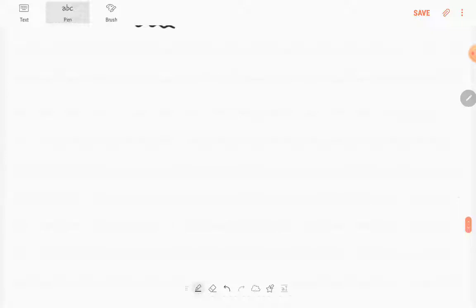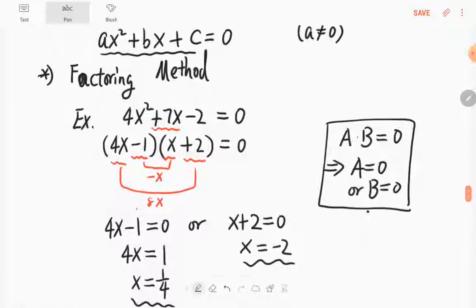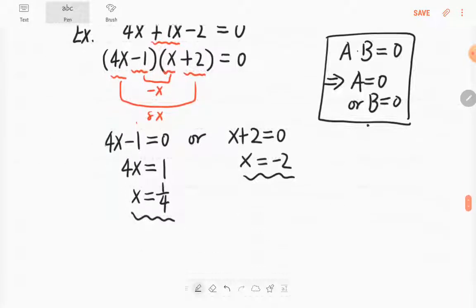And the next method is called the quadratic formula. We use the quadratic formula for any quadratic equation, but sometimes it's easy, and sometimes you need to do more calculations than with the factoring method.